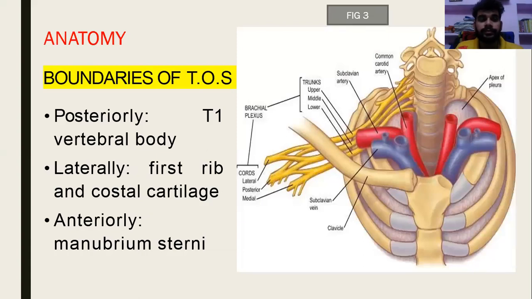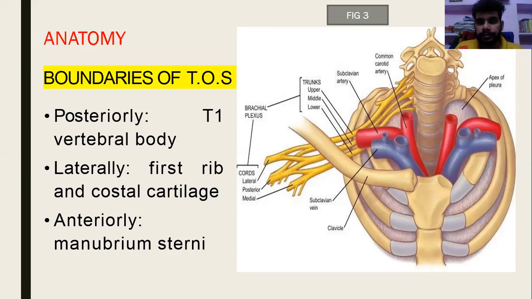Now, everyone should know the anatomy of TOS. We see that posteriorly the T1 vertebral body is present, laterally the first rib and costal cartilage are present, and anteriorly the manubrium sternum is present.